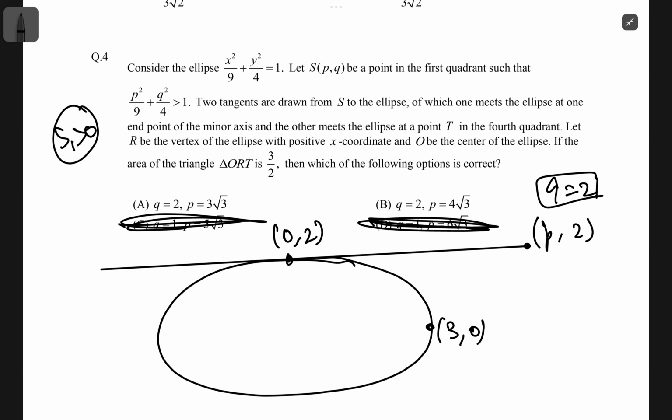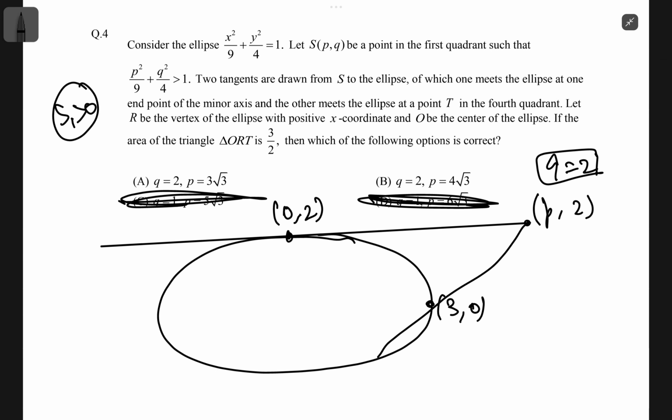And the other one meets the ellipse at a point T in the fourth quadrant. So somewhere here. So let's say this is T, and R is the vertex of the ellipse with the positive x coordinate.